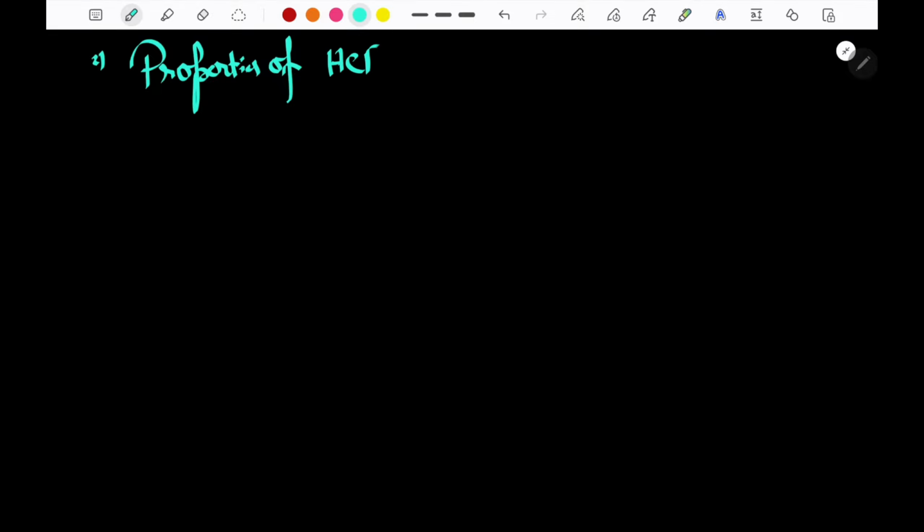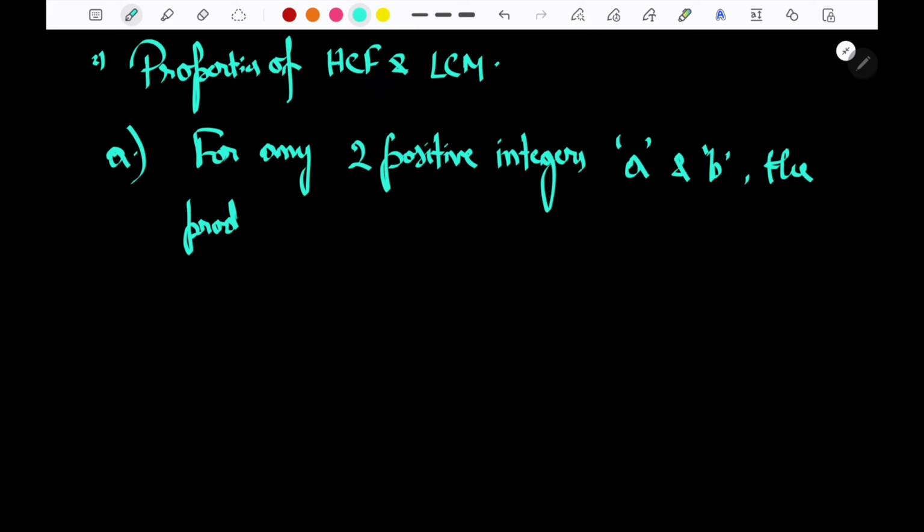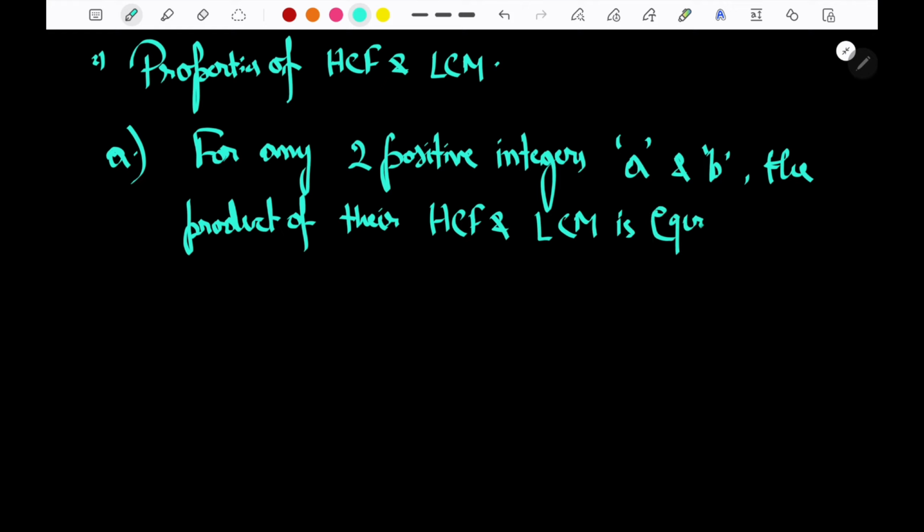Now, let's list some of the properties of HCF and LCM. First, property A: for any two positive integers a and b, the product of their HCF and LCM is equal to the product of the two numbers.